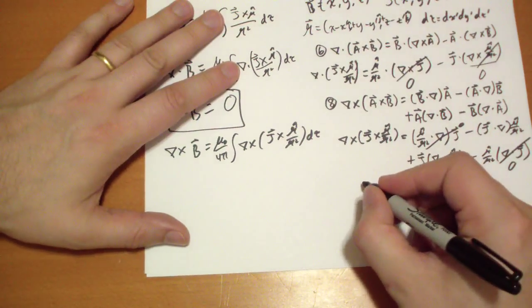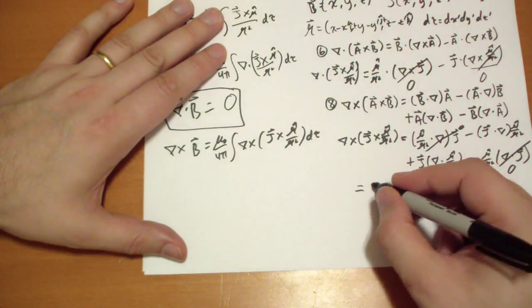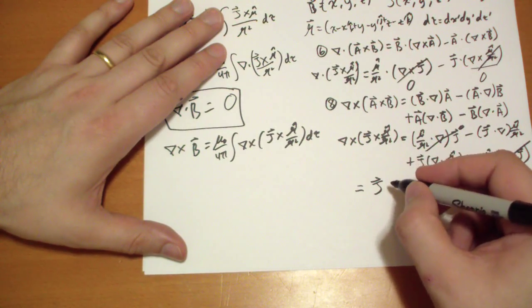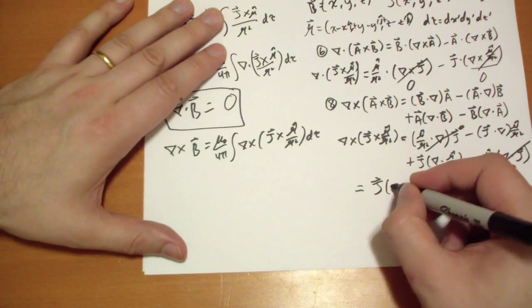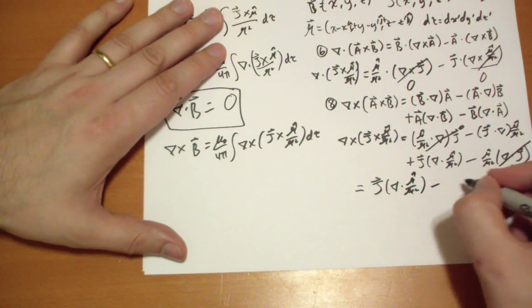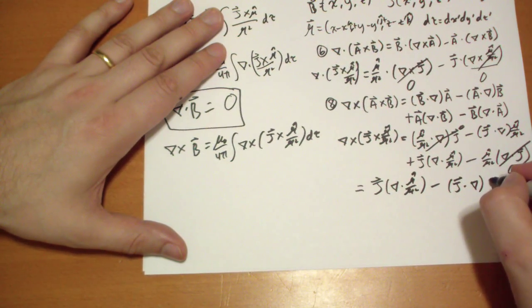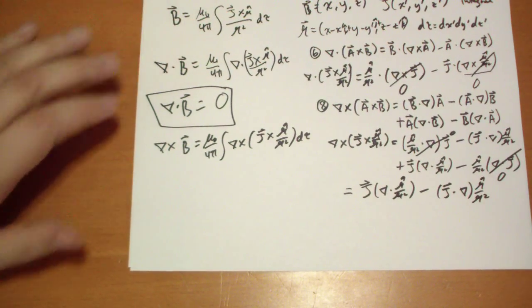Okay, so let's write it out this way: J vector times the divergence of r hat over r squared, minus J vector dot del of r hat over r squared.